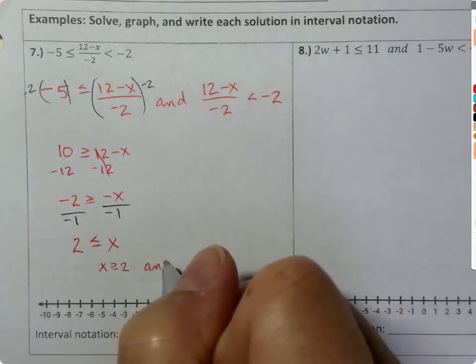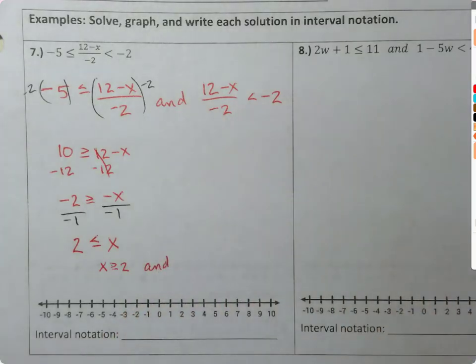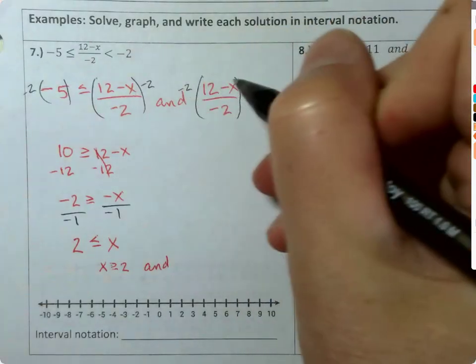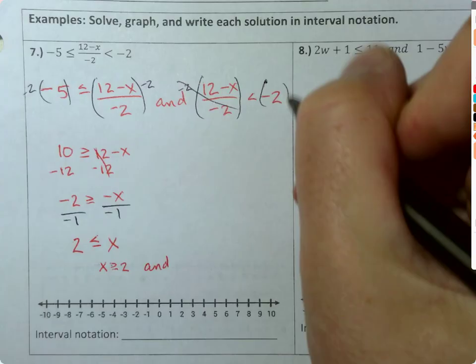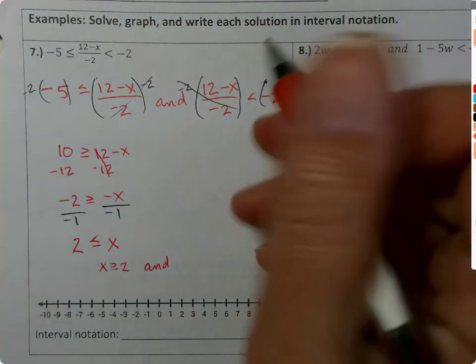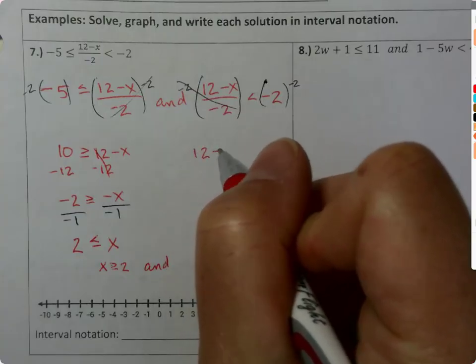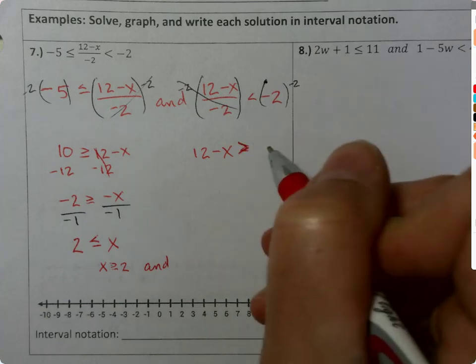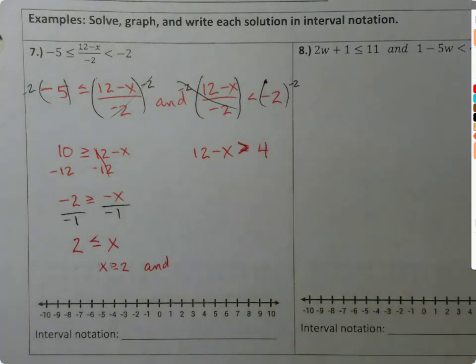I'll put my little word and here. On the other one, same idea. I'm going to solve it the same, but I'm going to get a different number. Multiply the 2. It's not distributing, guys. That -2 is canceling. So on the left, I get 12 minus x is less than, oh, no. It's greater than positive 4.